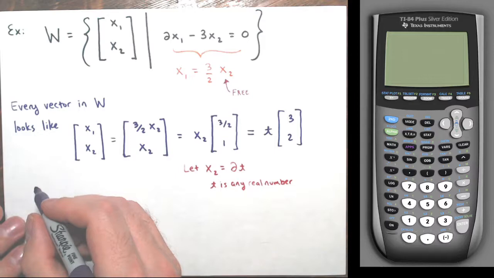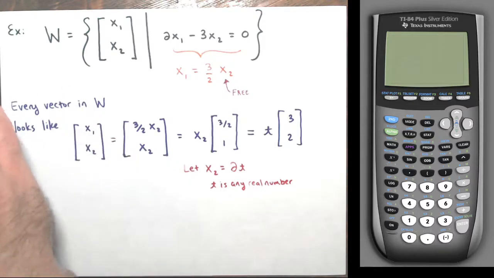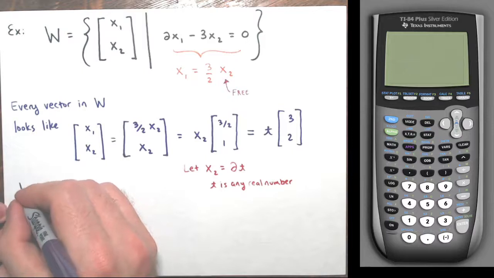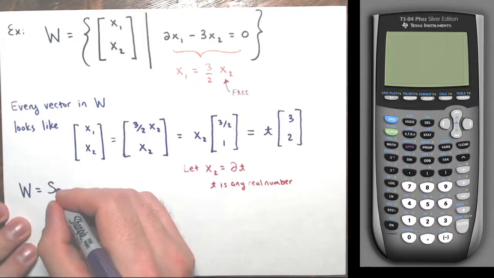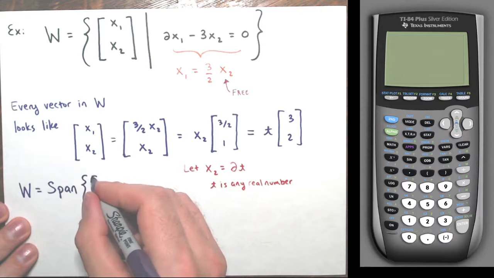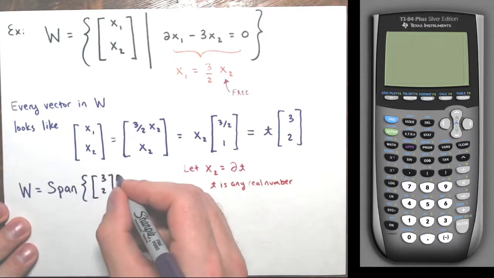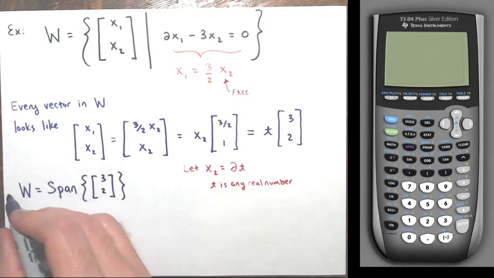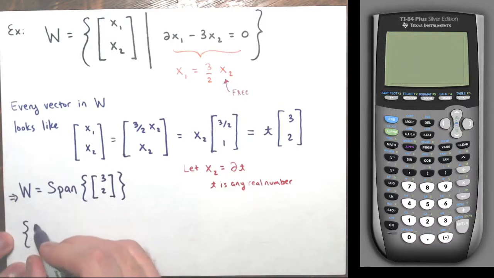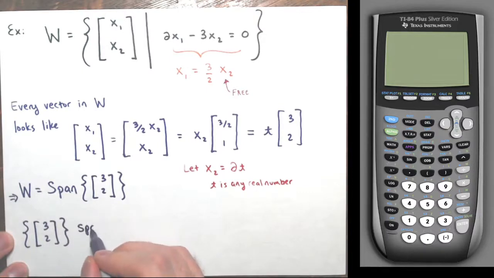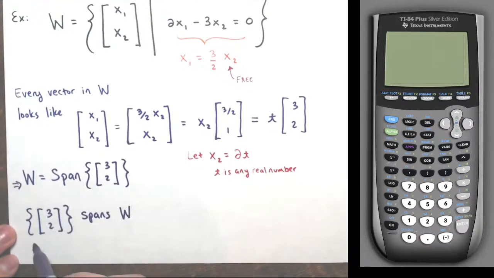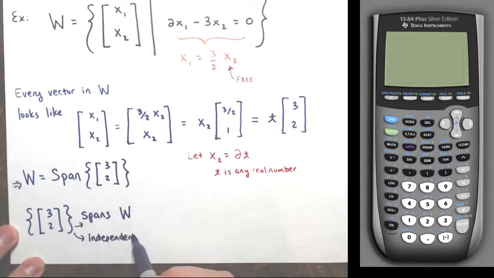So what we're seeing is that every vector in W is a scalar multiple of the vector 3, 2. So we could say that W equals the span of the set with the vector 3, 2 in it. Or in other words, the set with the vector 3, 2 in it spans W, since every vector in W is a scalar multiple of this. It spans W, and it's also linearly independent, because it's just a single vector that's non-zero.